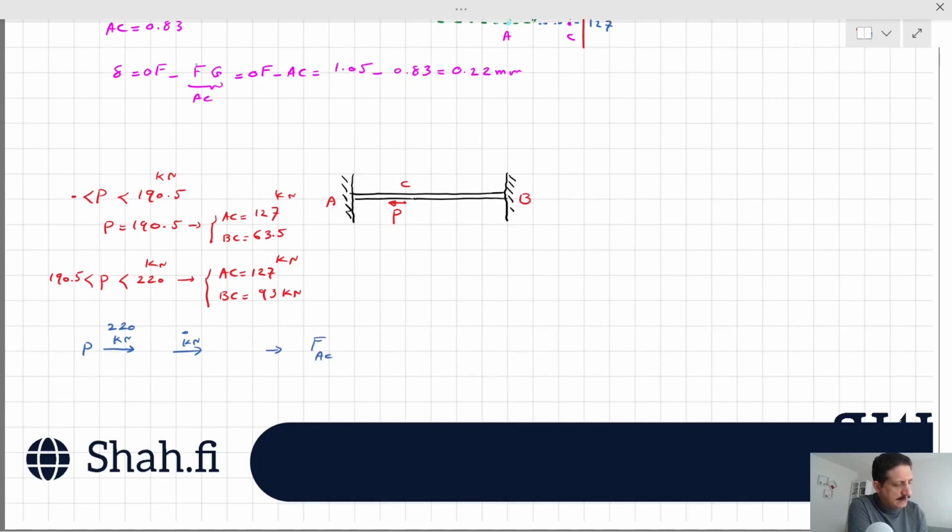So FAC equals FBC, and it will be 19.67 kilonewton, and it's in tension. But the permanent deformation of C is 0.22 millimeter to the left.